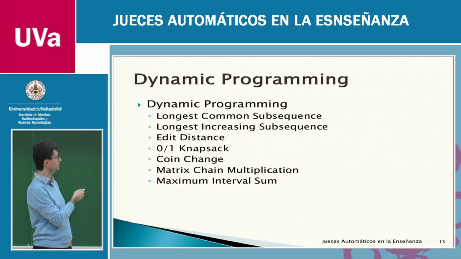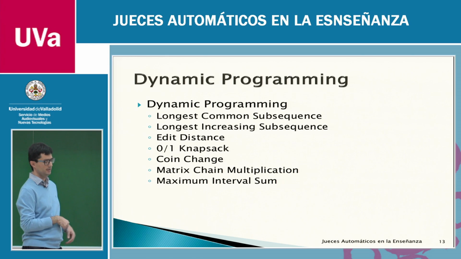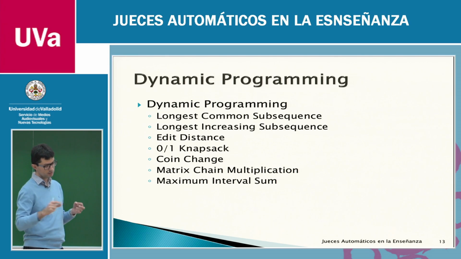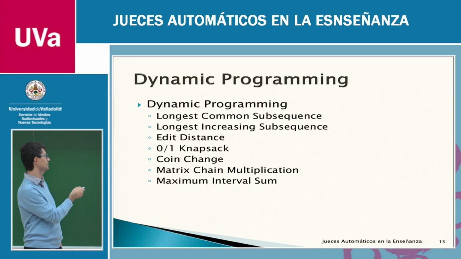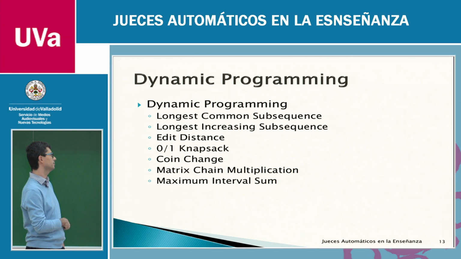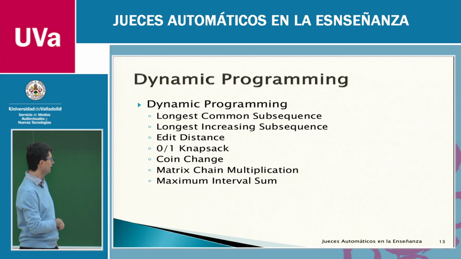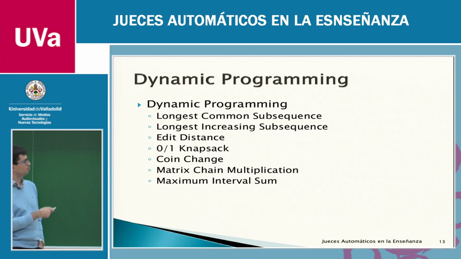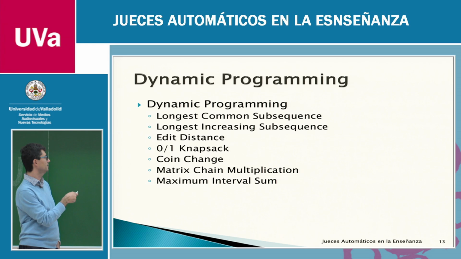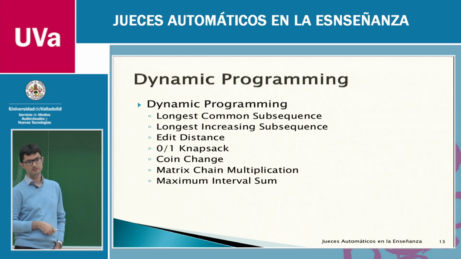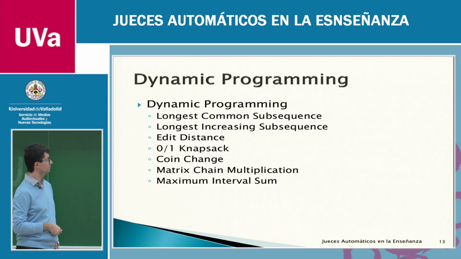Another related problem is finding, in a sequence of numbers, a subsequence inside that is all increasing numbers. A very known problem also is the edit distance. This is used, for instance, for detecting when someone is cheating or for detecting plagiarism.